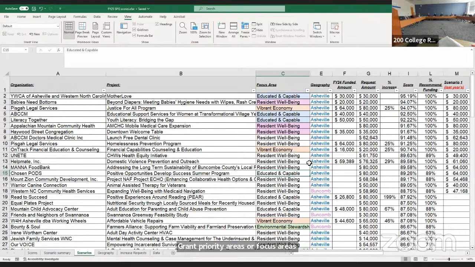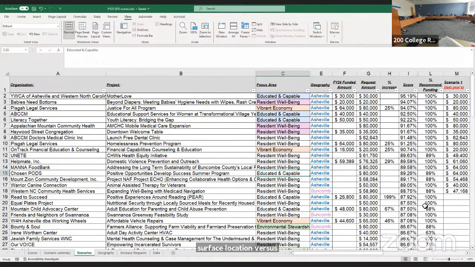That subcategory that we made available in the application process. We also included information about geography in this tab, which included whether it was a City of Asheville specific project or service location versus greater Buncombe County.